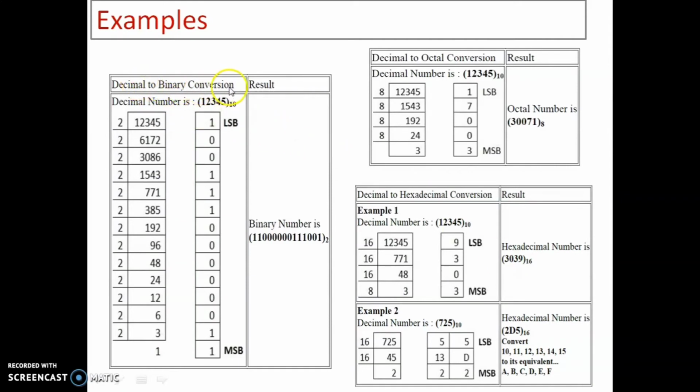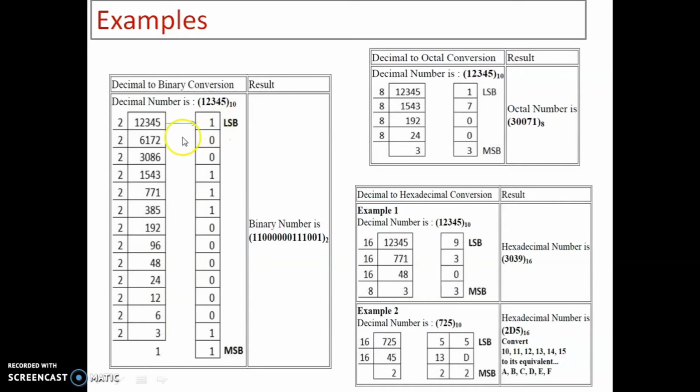Decimal to binary. The decimal number given here is 12,345. Divide this 12,345 by 2 because the target number system is binary. The base of binary is 2, so divide it by 2. We got the remainder as 1.